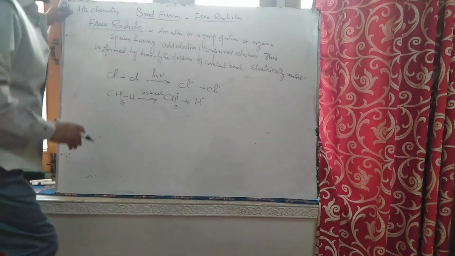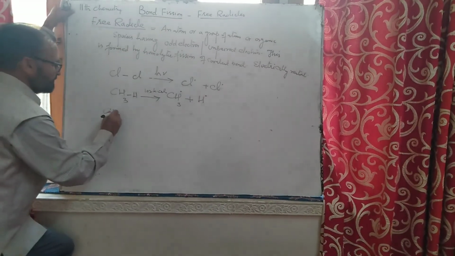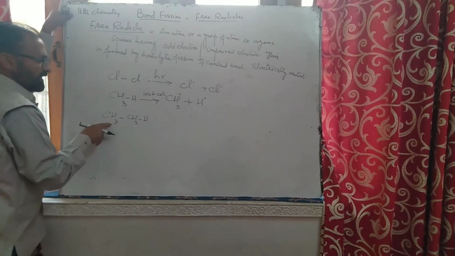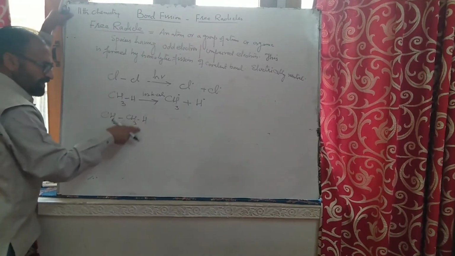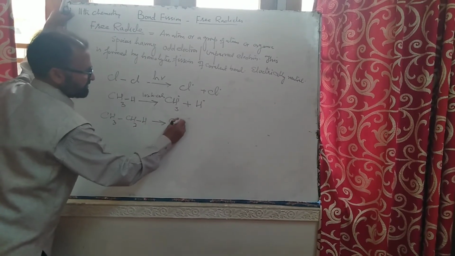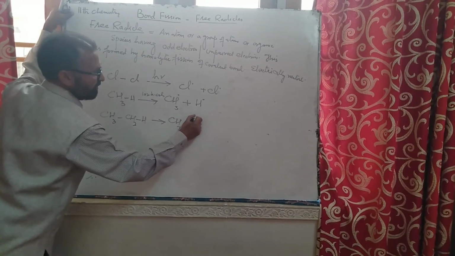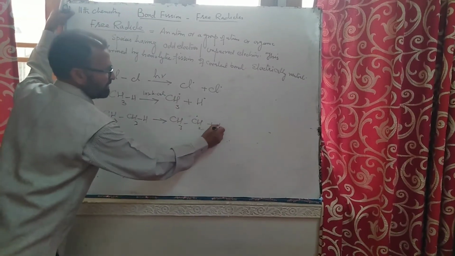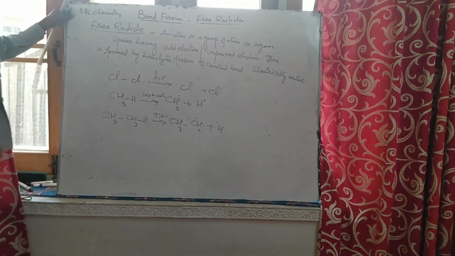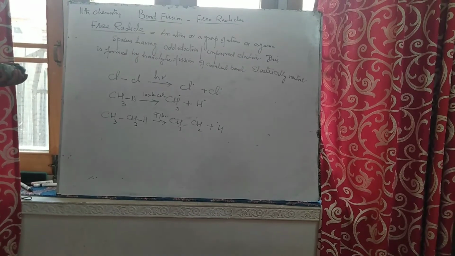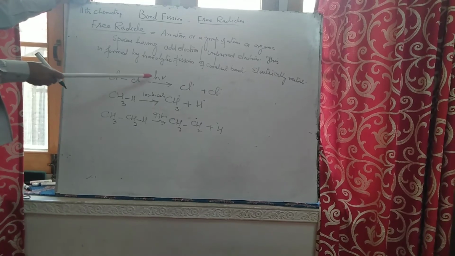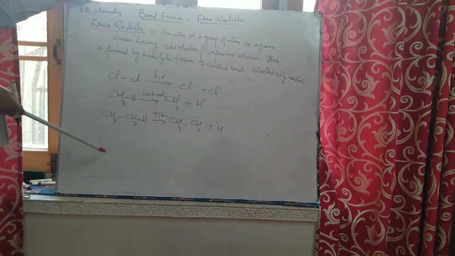For example, this is actually ethane, and when one of the bonds breaks, we will get CH3 and CH2 free radicals, ethyl free radical, 97 kilocalories of energy are used. So we know that energy is used in the formation of these free radicals. Formation takes place either in presence of ultraviolet light, as in chlorine, or energy is used.